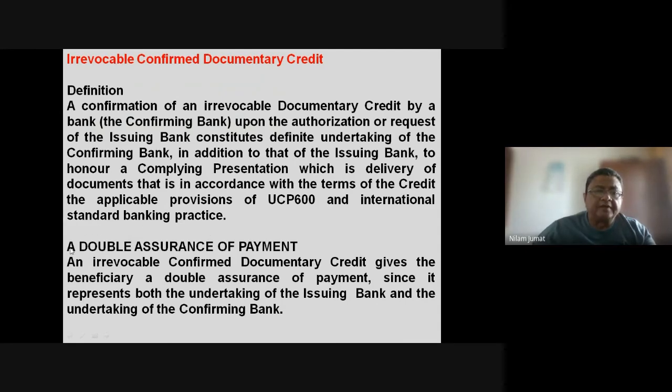Sometimes exporters only know their export products, they don't know about countries or banks. So they are comfortable when somebody in their own country guarantees the payment. Then they tell the importer, please get a confirmed irrevocable credit.